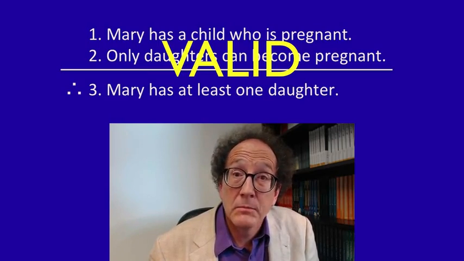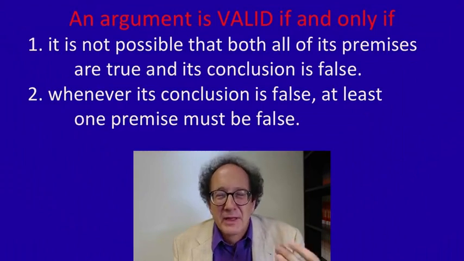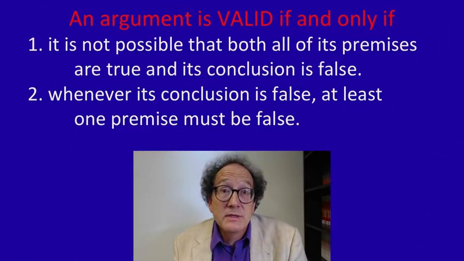argument is valid. Now, some people like to think of it in the reverse direction. I say, let's imagine that the conclusion's false, and then if it has to be the case that at least one of the premises is false, the argument's valid. Then you can define validity as it's necessarily the case that if the conclusion is false, one of the premises is false.